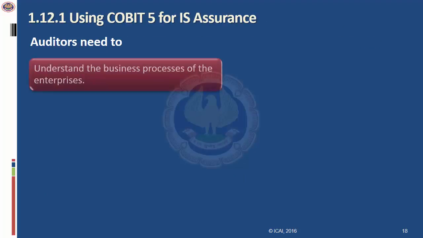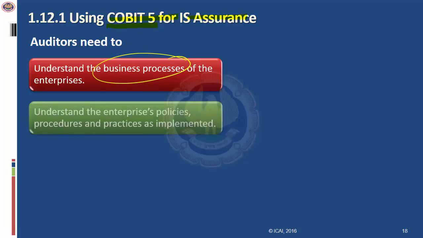So as an IS auditor, if you want to use COBIT, this is what would happen. You need to first of all understand the business process, which in most cases you would have done. You need to understand the enterprise policies, procedures, and practices as implemented, which, if you remember the definition of control, we said control refers to the policy, procedure, practices, and the organizational structure designed to provide reasonable assurance that business objectives are achieved and undesired events are prevented or detected and corrected.